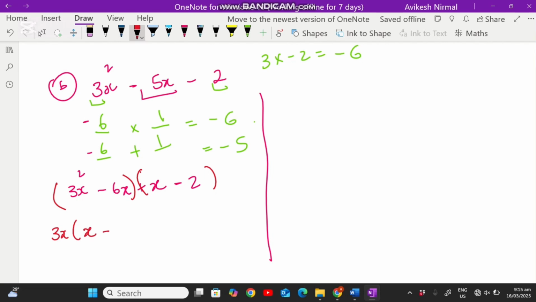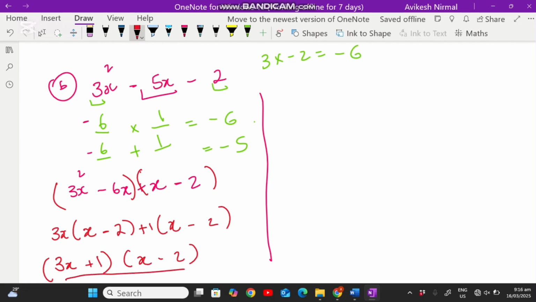Inside the bracket is x minus 2, and here you can see what is common. So 1 is common here, and inside I have x minus 2. So write the outside term as one bracket. Since both the brackets are the same, I can write them as x minus 2, and this is the factorized form.